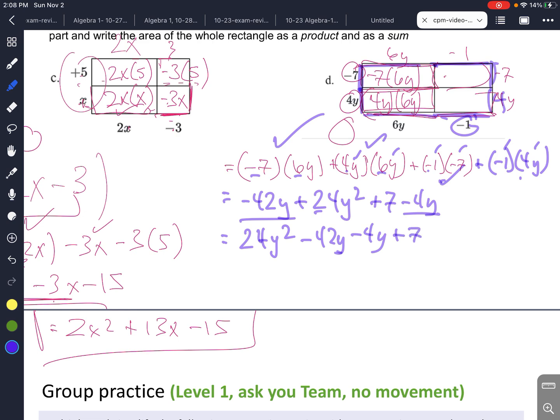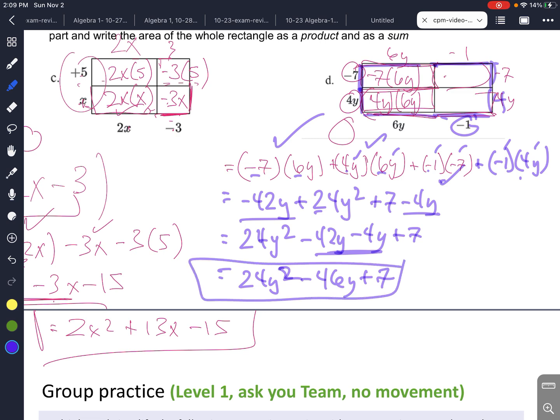Plus 7. Because I want to put these two together. So I have 24y squared minus 46y plus 7. That's my final answer. All right, going to stop right there, and we'll look at these again in class.